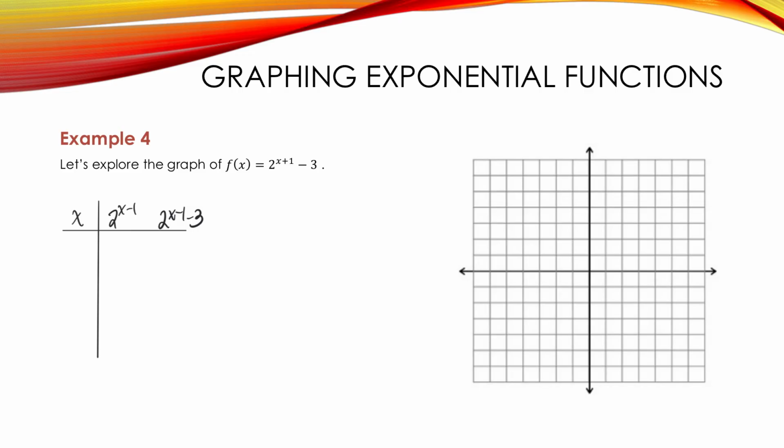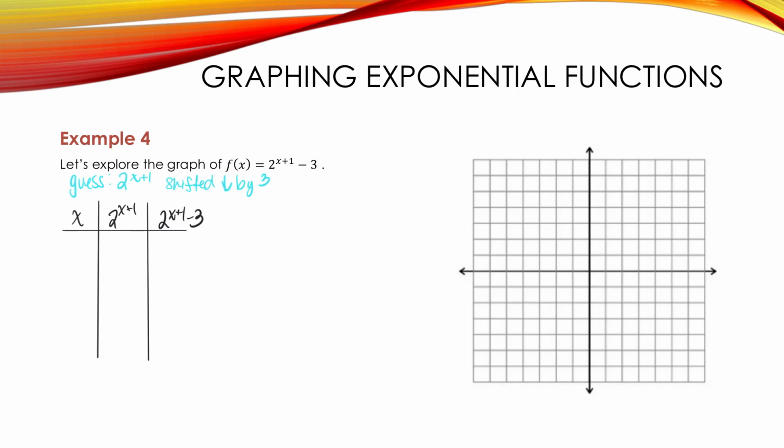And we know there will be, but let's just see if it matches what we think. Our guess is that it is 2 to the x plus 1 shifted down by 3.